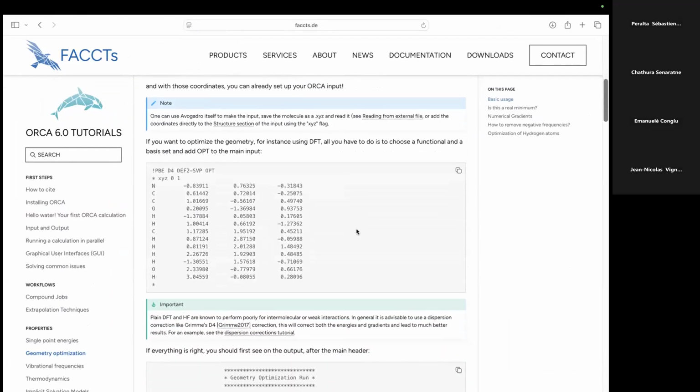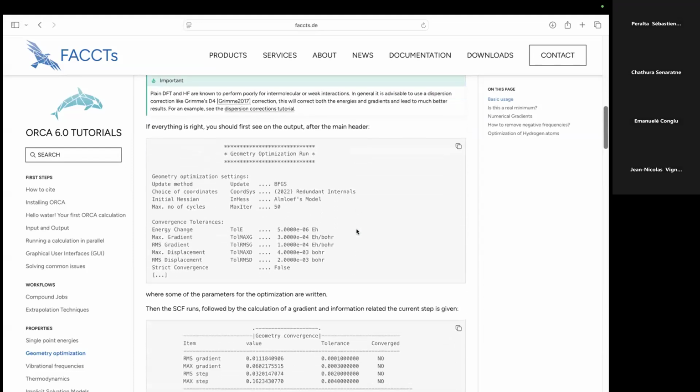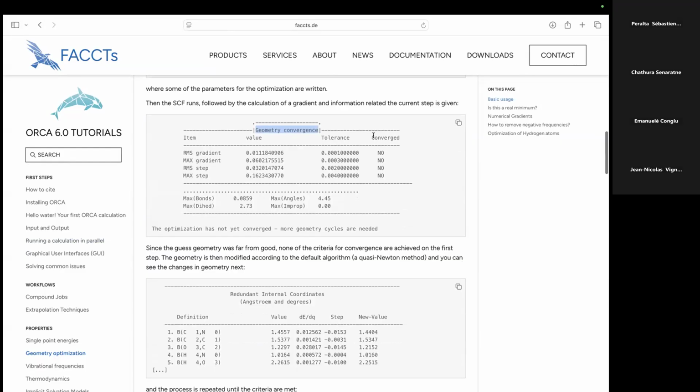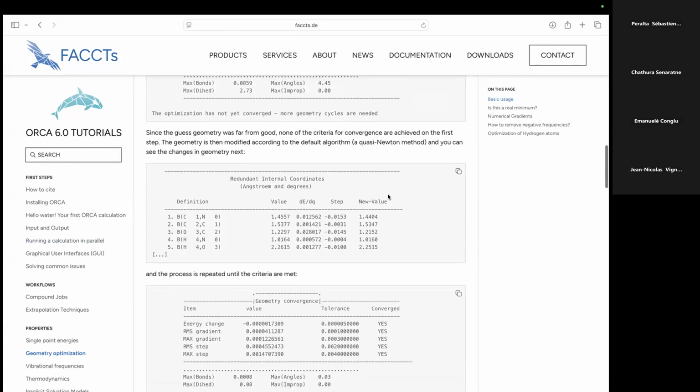When the optimization is finished, it is very important to check the geometry convergence criteria. It has different criteria set to confirm whether the optimization is achieved or not. It's very important to check it. The convergence must be yes in all cases after the optimization.